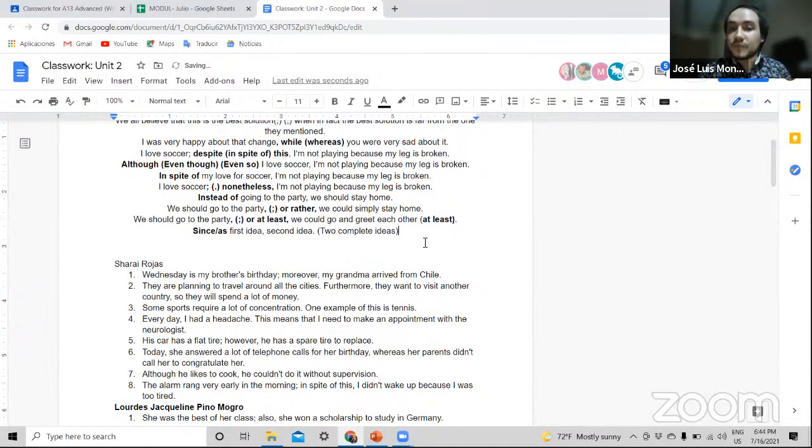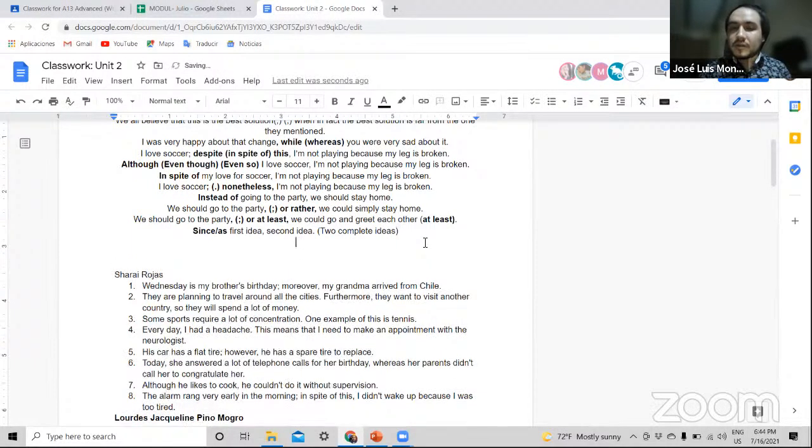You know how to use for, right? For is going to be different. It's a fanboy. So you're going to use for, first idea, comma, for, second idea. And again, you need two complete ideas over there, right? Good. Of course, there's a mistake there, because you don't say "for second idea", but you understand that the word for has to be there.